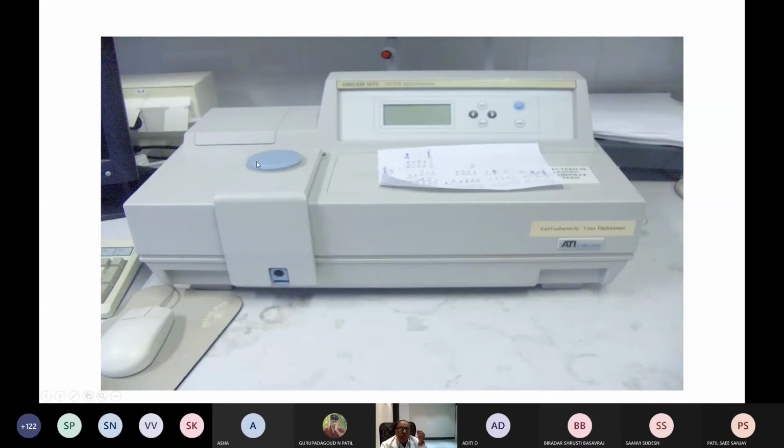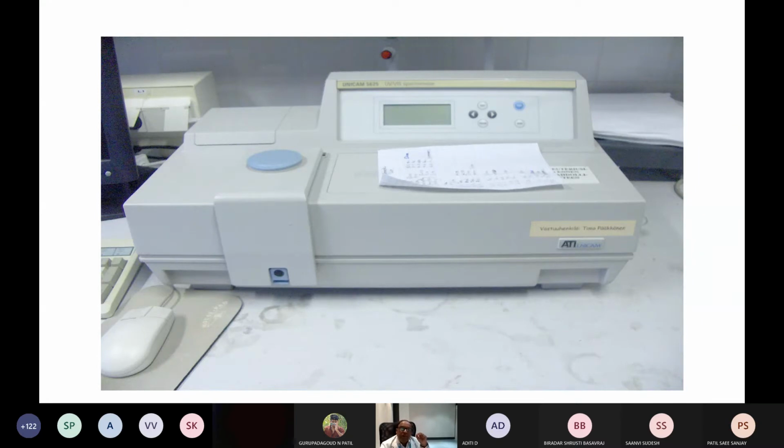Then what will you do? You will process a standard sample: the same amount of reagent which you use for the test is added with some standard. Standard means a sample of known value. Suppose you are doing a glucose estimation, at that time you run a standard.